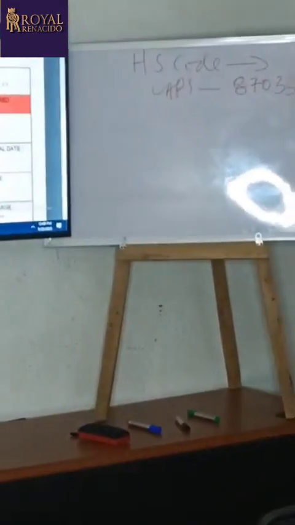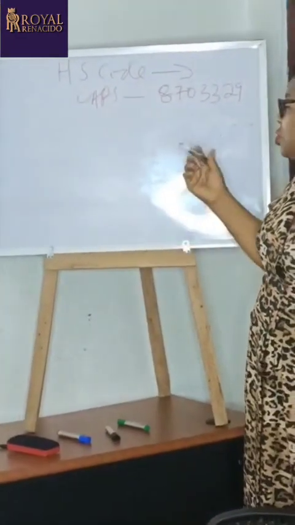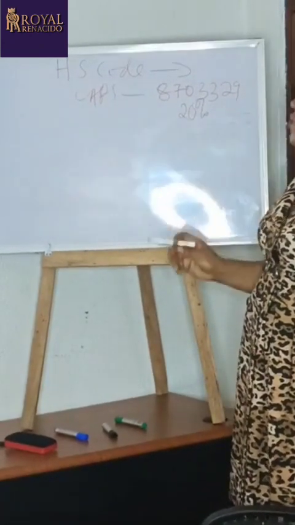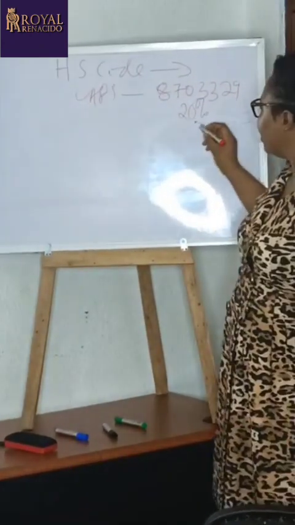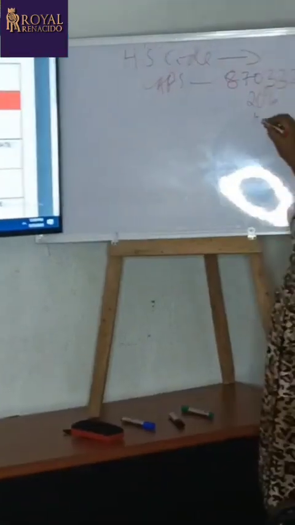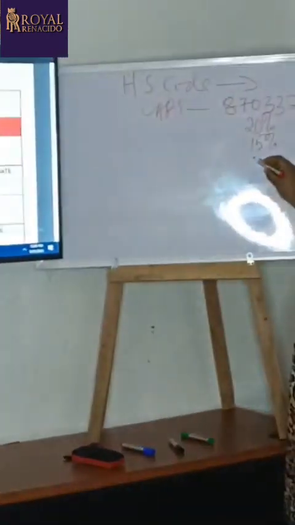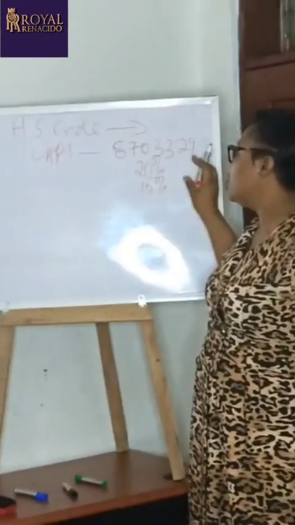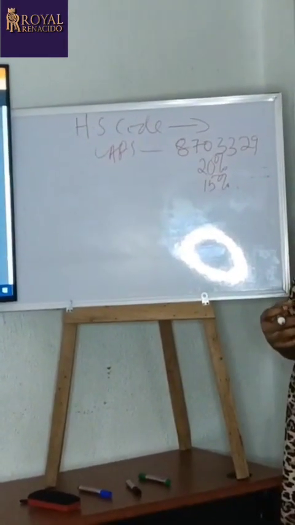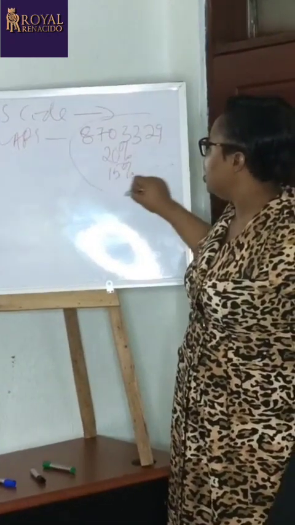If you input this HS code on the system, it's going to give you the tariff rate for you to pay, which is 20%. It will tell you it's going to pay 20% duty, 15% levy, and it will tell if the goods you're importing are vatable or not.